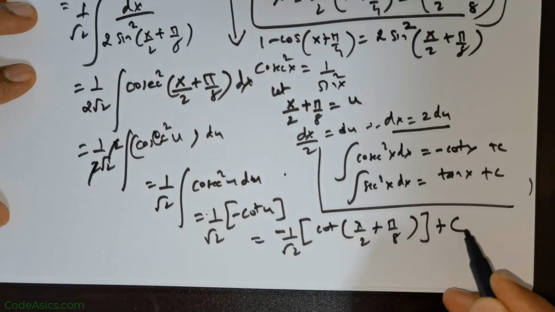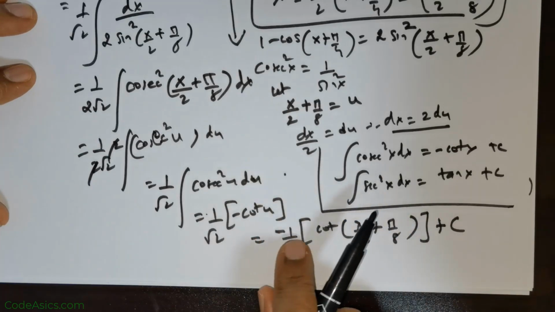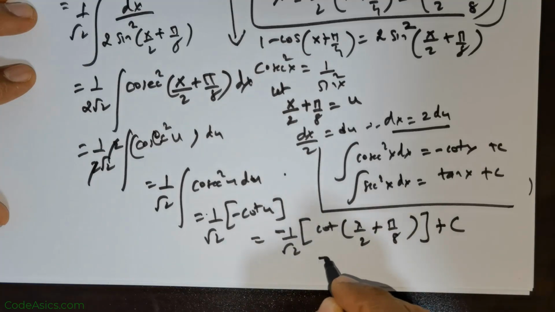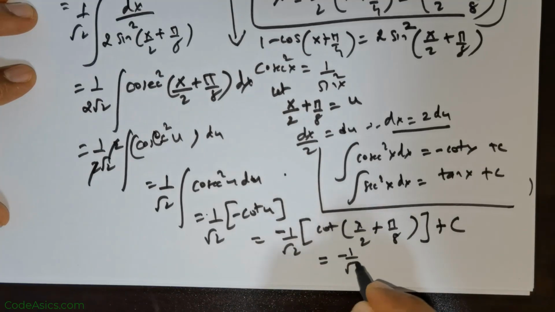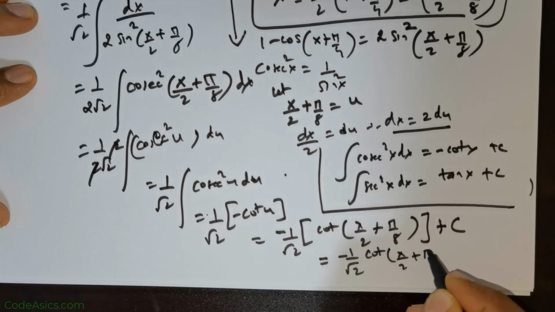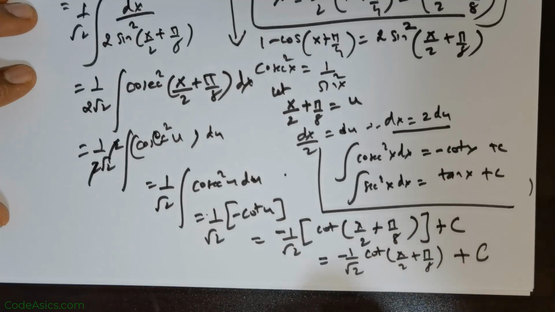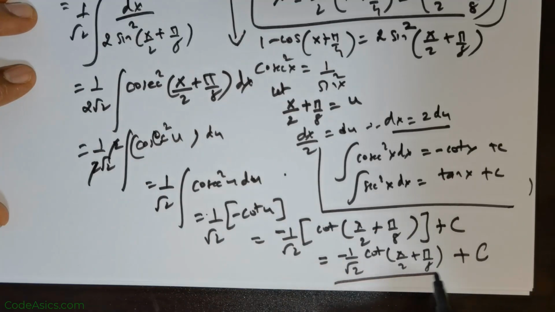You can either hold here or you can remove the parenthesis and distribute negative 1 over root 2 inside. If you do that, you get negative 1 over root 2 times cot of (x/2 + pi/8) plus arbitrary constant c. So this is the solution for this question.